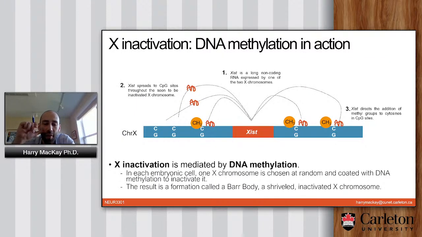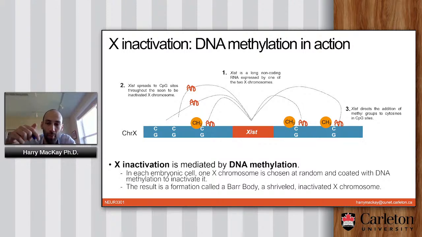So here's how X inactivation works. X inactivation is mediated by DNA methylation. There is a gene on the X chromosome called XIST. It's a long non-coding RNA. Don't worry too much about what that is, but it's a long RNA that doesn't code for a protein, and it's produced by one of the two X chromosomes in a way that's essentially randomly determined.